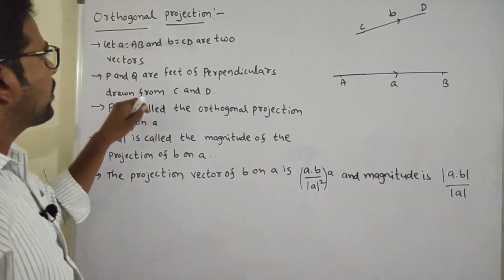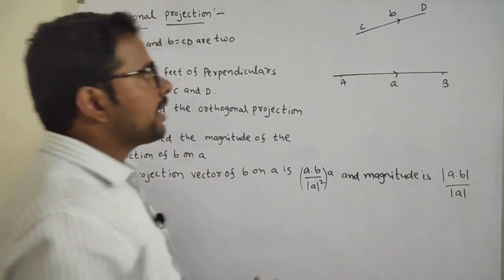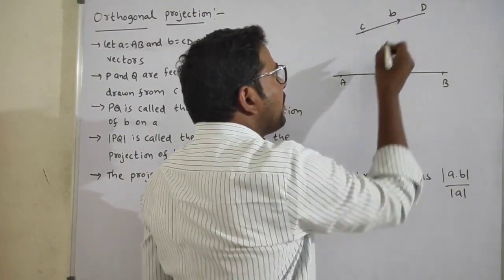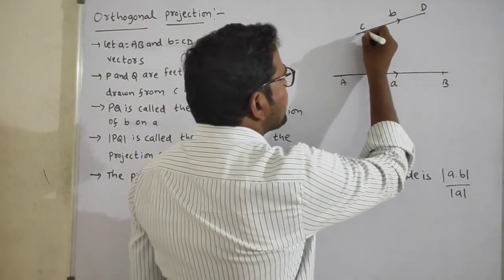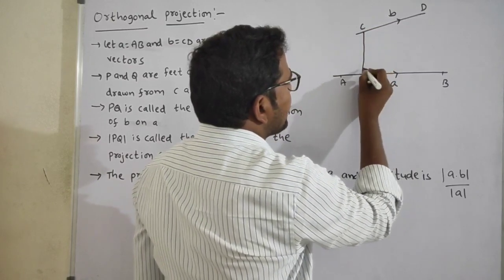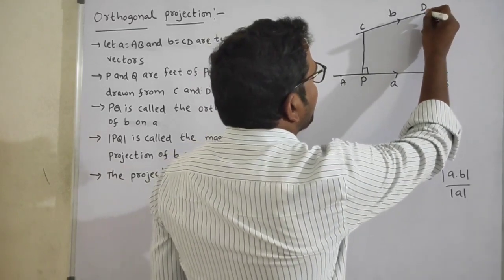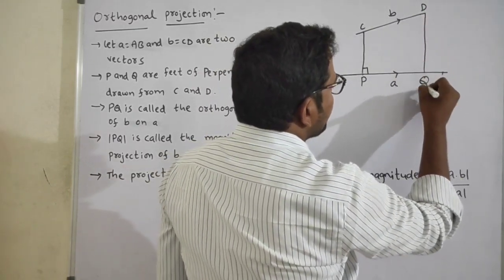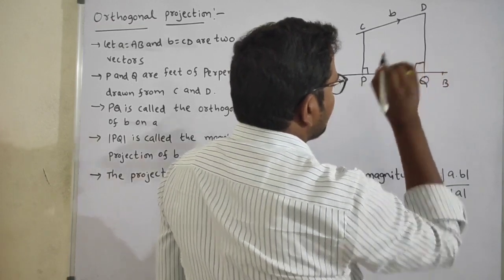P and Q are the feet of perpendiculars drawn from C and D on AB. The foot of perpendicular from C, take that as P. And the foot of perpendicular from D, take that as Q. Foot of perpendicular means it makes 90 degrees with the given line.